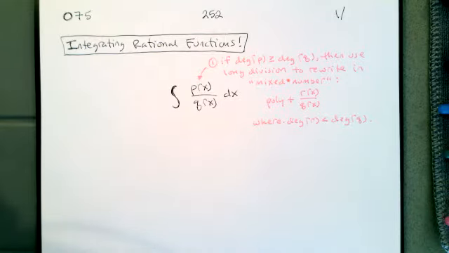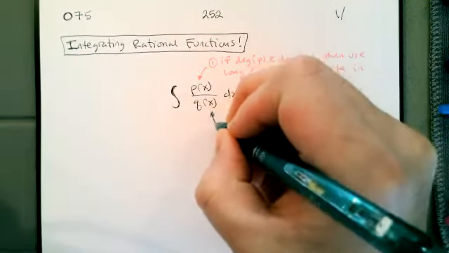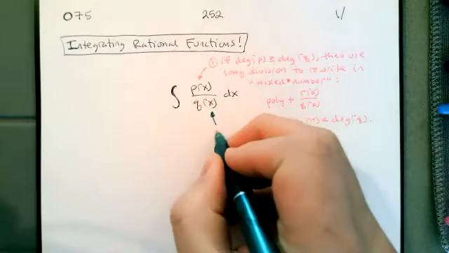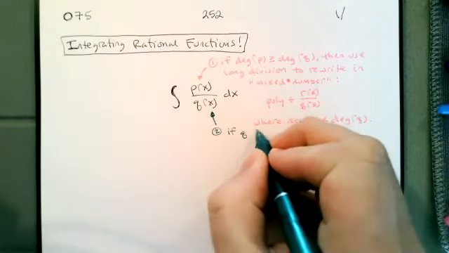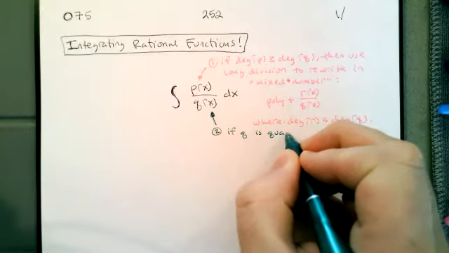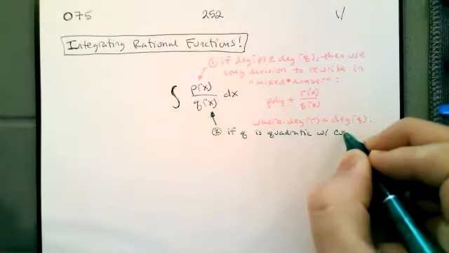Next, we need to consider if q of x is quadratic with complex zeros, then we're going to have some combination of natural logs and arctangents. So the next thing we look at is q of x.